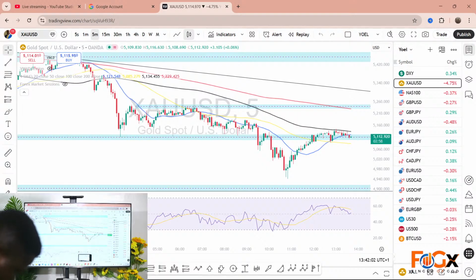Can you click hotspots? This is it here. xnest.com, the website. So this is your password.